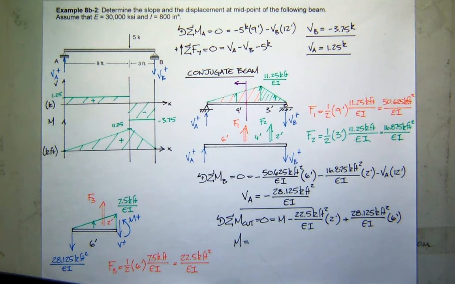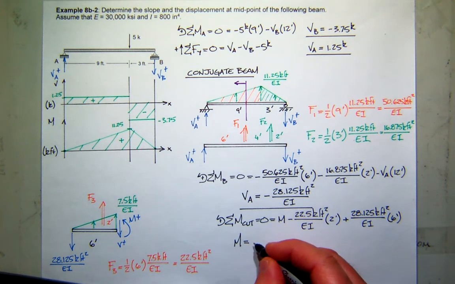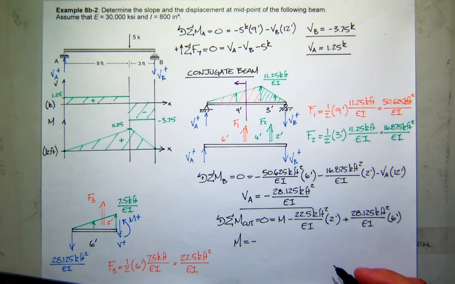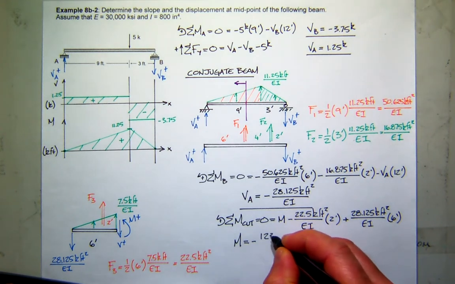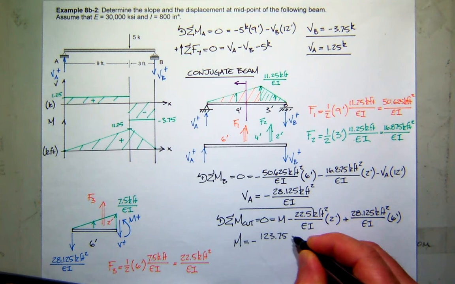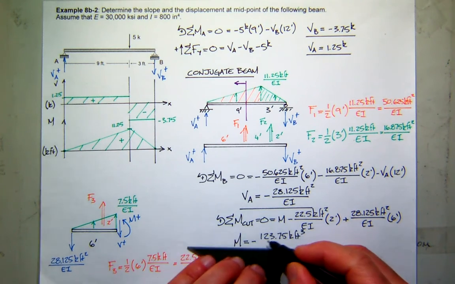It looks like it's going to be positive. No? No, it's going to be negative. I got 123.75. 123.75? That's what I read. Or negative 123.75, and that's going to be kip feet cubed over EI.